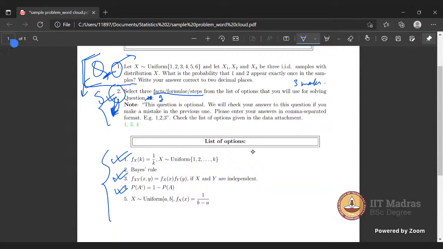Here it is not anything numerical, it is just the theoretical part. Like if it is a uniform distribution, then you are using probability of A complement is 1 minus probability of A. Such kinds of steps will be there. Nothing of a numerical sort, it is mostly facts. Yes, thank you.